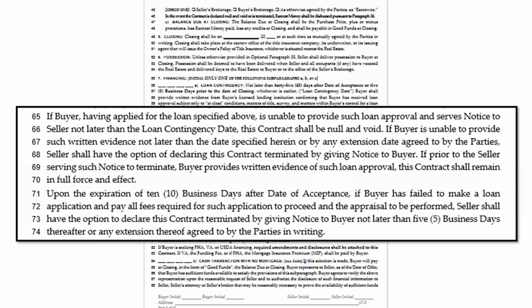If he does not provide evidence that he has the mortgage, or does not ask, or even asks for an extension for his mortgage time, either one, the seller can kill the contract if they choose to. So your buyer needs to have his mortgage by the date that's in there. So if he doesn't have his mortgage in 45 days, even if he asks for an extension, the seller does not have to grant it, and the seller can say no. Or if they don't even ask for an extension, the seller can kill the contract after that.